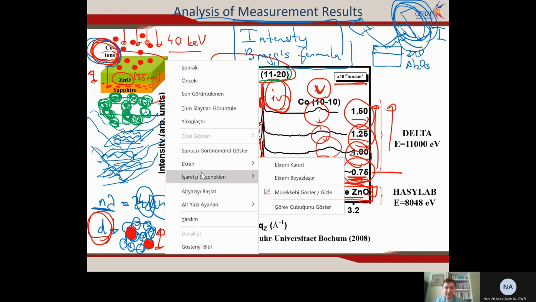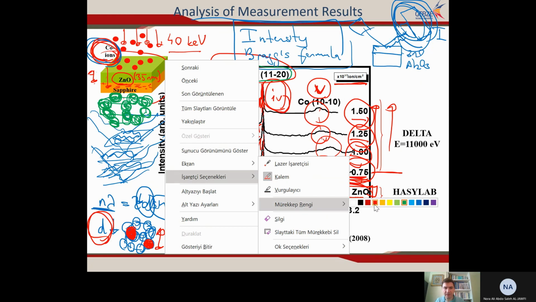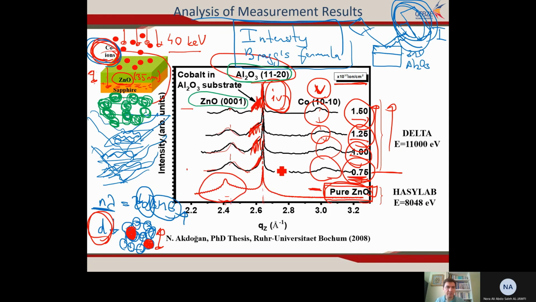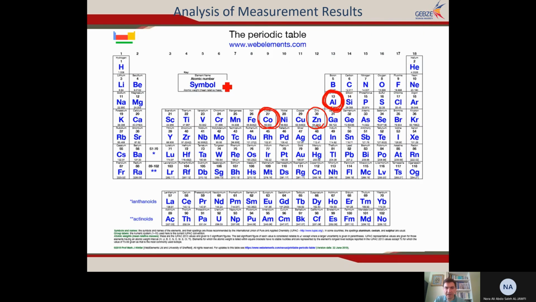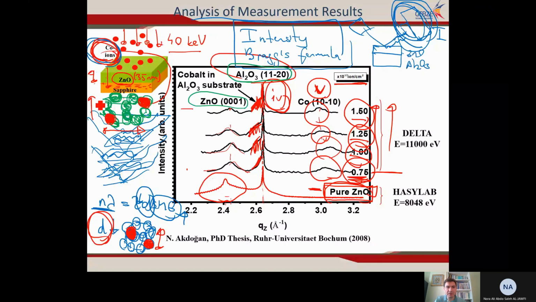So when you implant this material with cobalt atoms, if some portion of the cobalt atoms sits on the aluminum site in the hexagonal structure of the aluminum oxide, then what do you expect? Cobalt here has a bigger radius compared to the aluminum. Then you may expect lattice expansion in all directions because now we have bigger atoms within the hexagonal crystal structure.